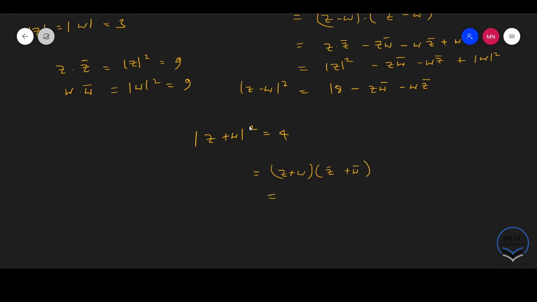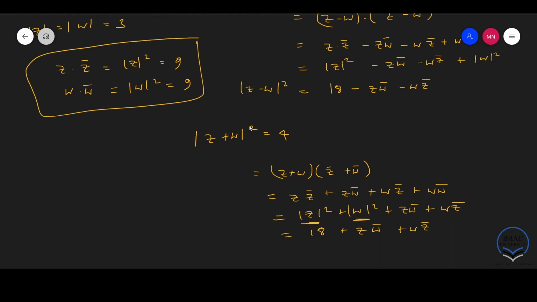And if I were to expand this, I would get z z bar plus z times w bar plus w times z bar plus w times w bar, right? And we get 18 plus z times w bar plus w times z bar. 18 because this is 9 and this is 9, as we've shown over here.